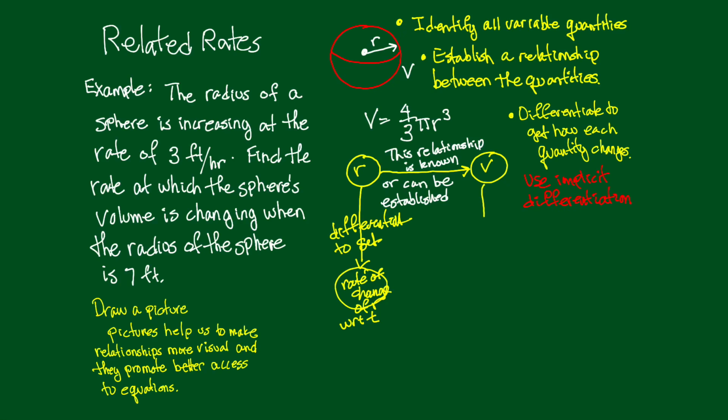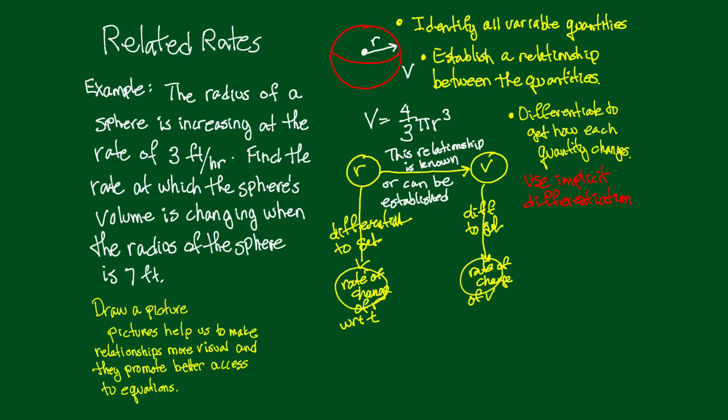And then I'm going to do the same over here. I'll abbreviate a little bit here. I'm going to differentiate to get, okay, so I differentiate, and now what I want here is I'm going to get the rate of change of V.